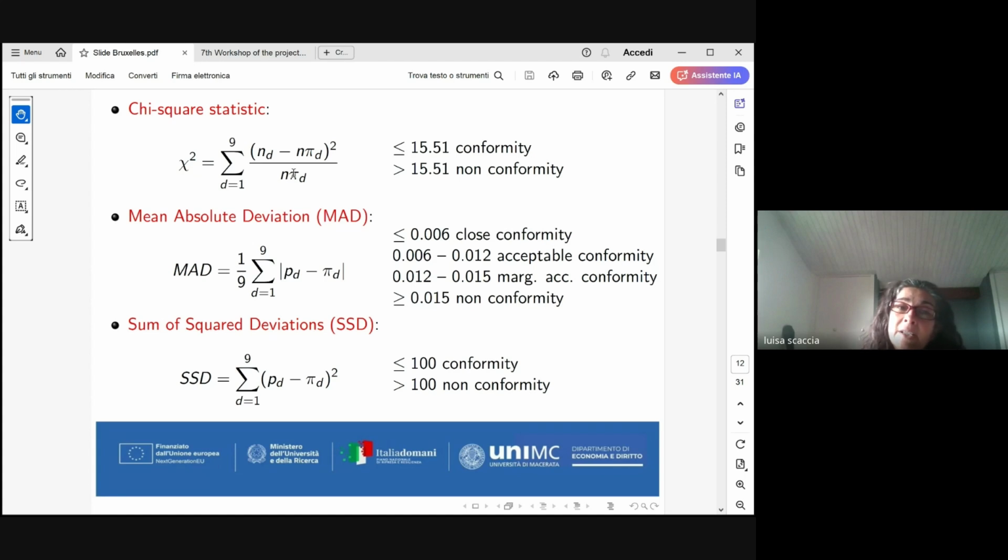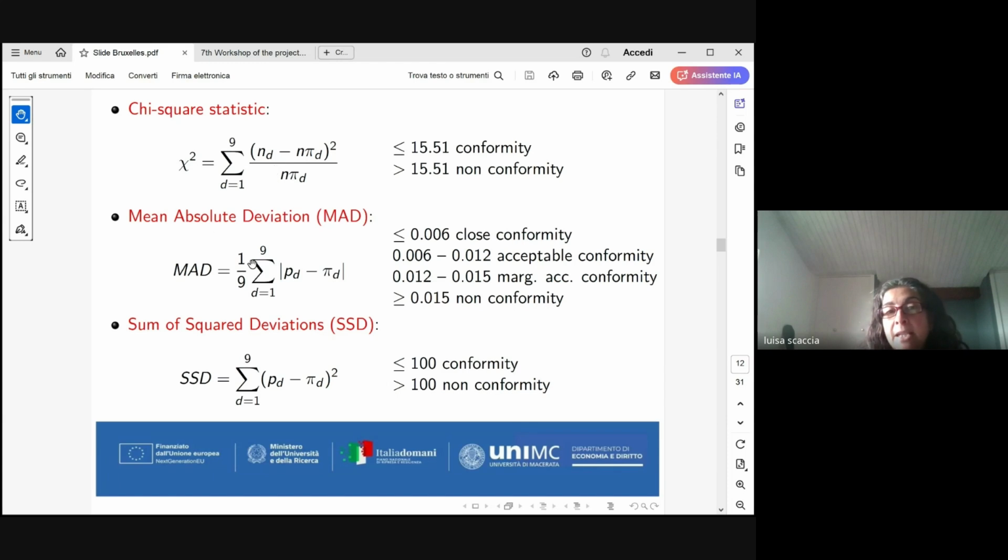And if data have not been manipulated, if data conform to Benford law, this statistic has a distribution, which is the chi-square distribution. And so we can use a statistical table to find a threshold above which, if we observe a chi-square statistic above this threshold, we can conclude that the observed data do not conform to Benford law. And so this might suggest that data have been manipulated.